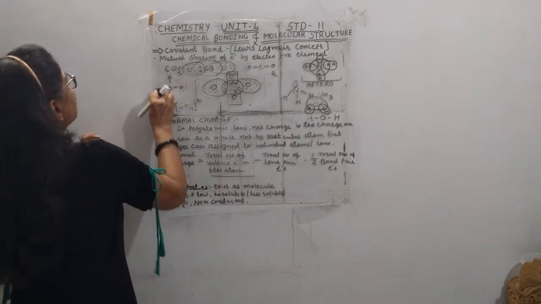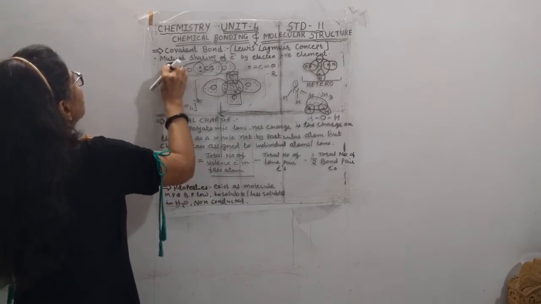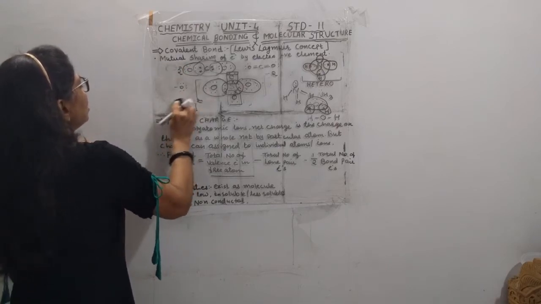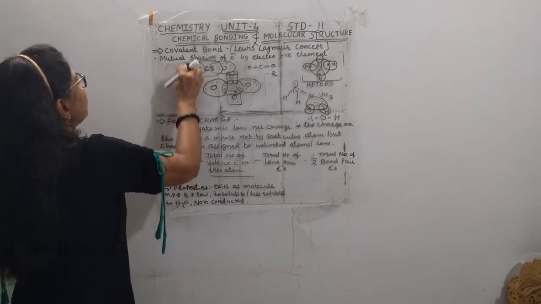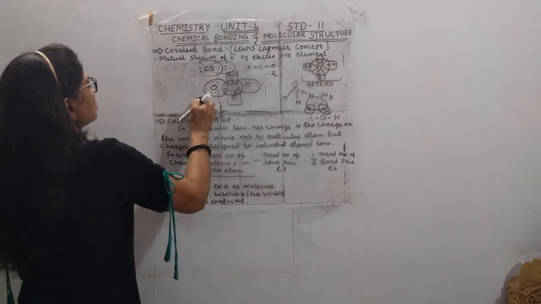If we take the example of the O3 molecule, and how the formal charge comes on the O3 molecule, we'll try to understand that, student.